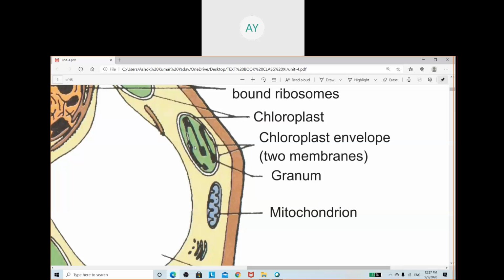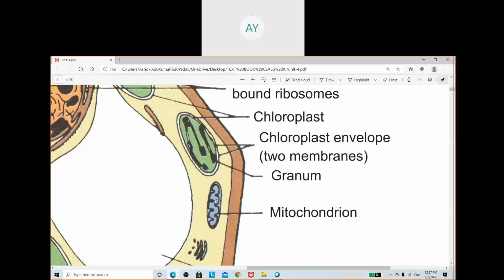Okay. So generally, photophosphorylation, photo means light, phosphorylation occur inside the chloroplast, but oxidative phosphorylation occur inside the mitochondria. So this is the major difference between chloroplast and mitochondria.